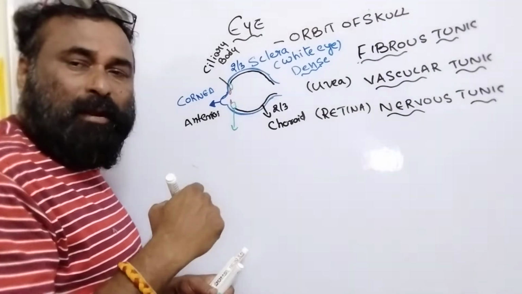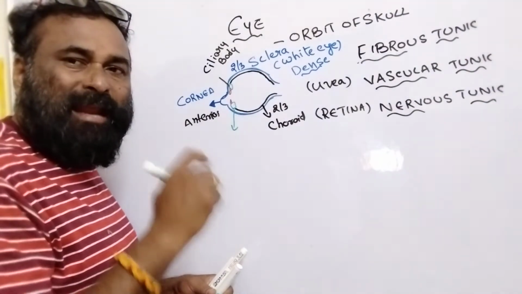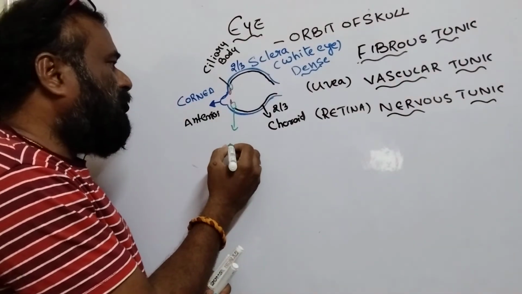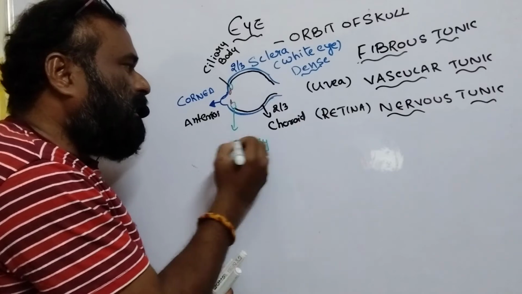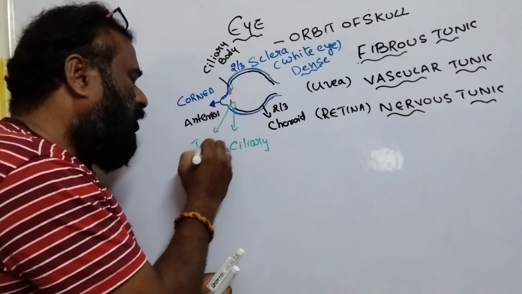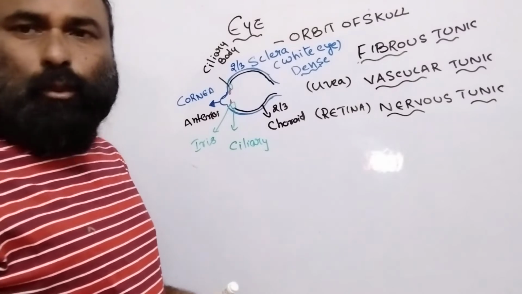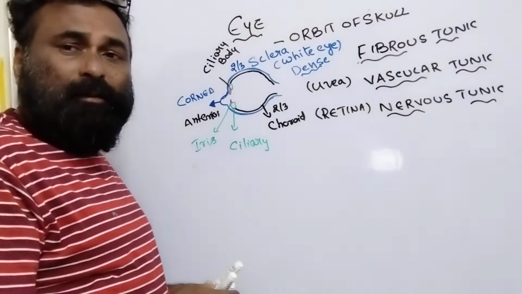All muscles in our body are derived from mesoderm except the ciliary muscle and iris muscles of the eyeball. This is the ciliary muscle, this is the iris muscle. There are two muscles: the ciliary muscle and the iris muscle.